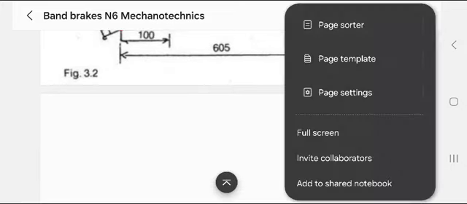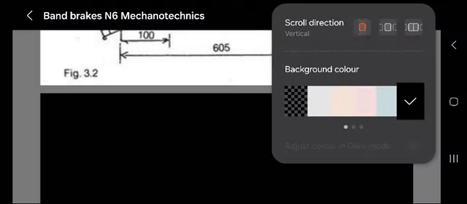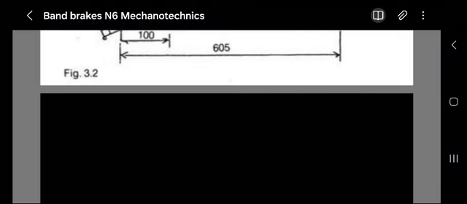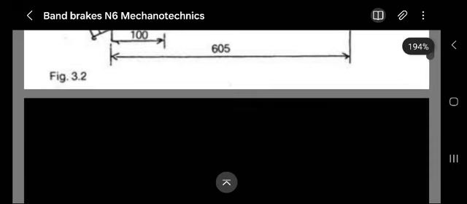Let me change this color. I dislike it a bit. Okay, it's fine. Black. There we go. Now I want you to bear with me here.